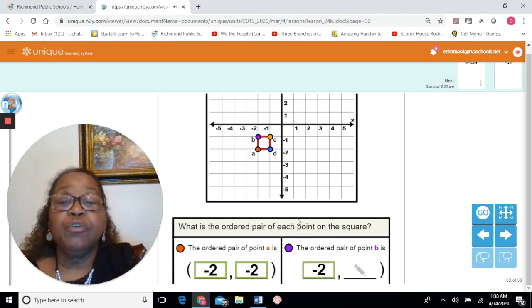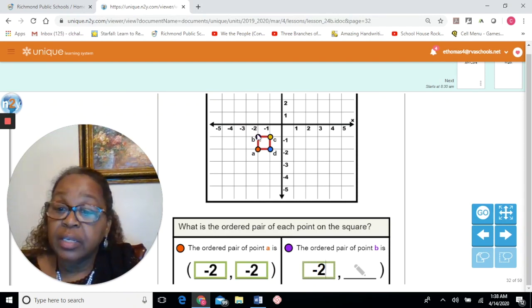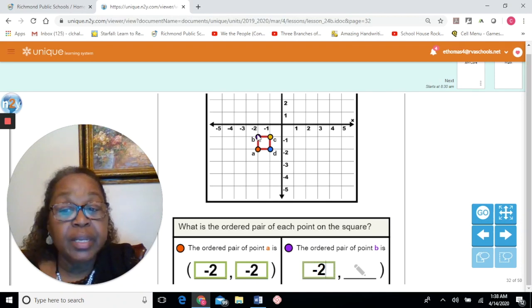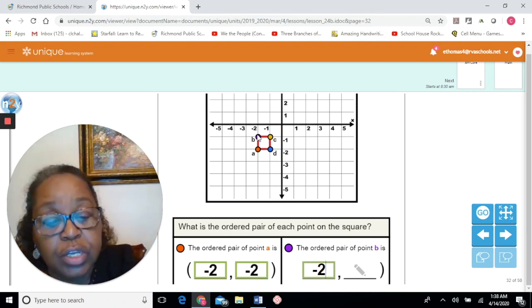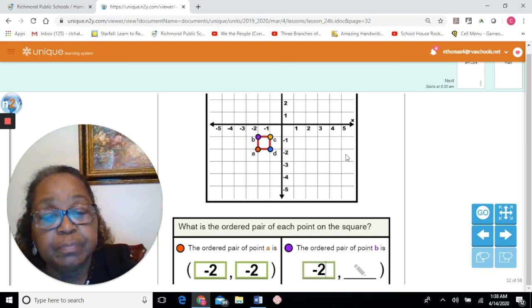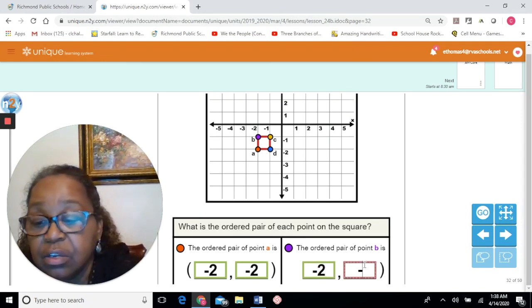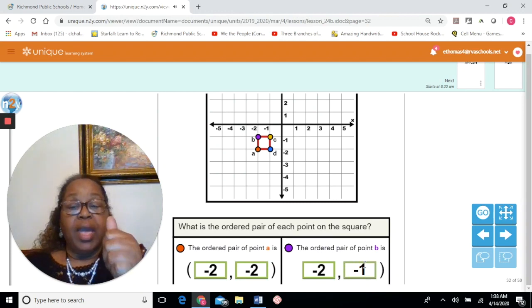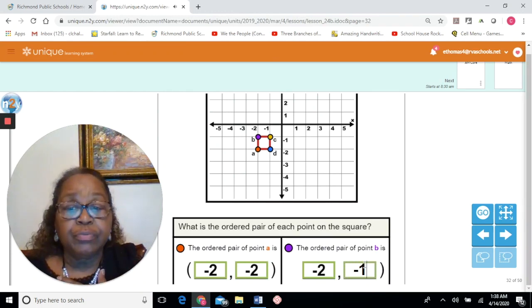Excellent. And for B, the y-axis, which goes down again, is 1, not 1, but -1. Very good. Let's put that in. Put our cursor in place first. -1. Excellent. I'm so proud of you.